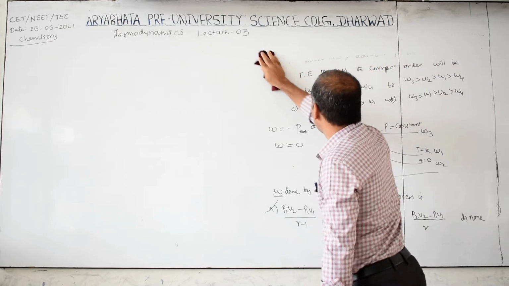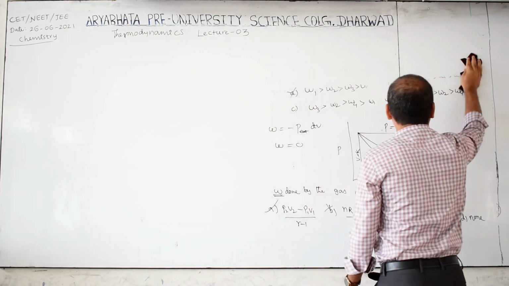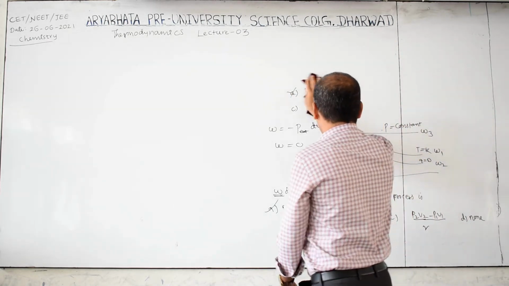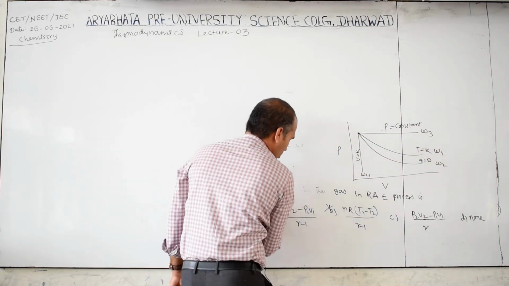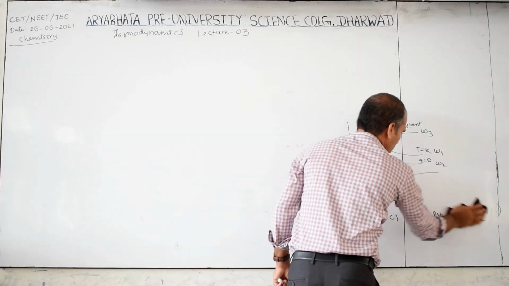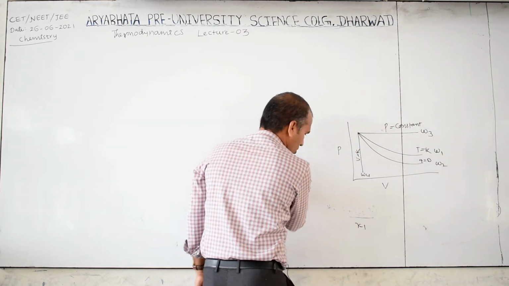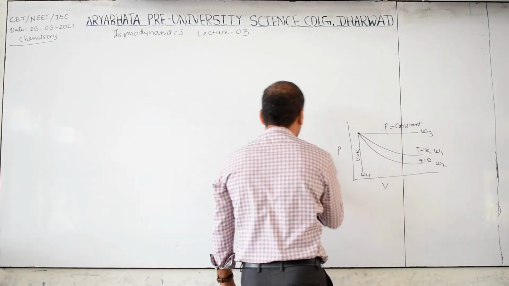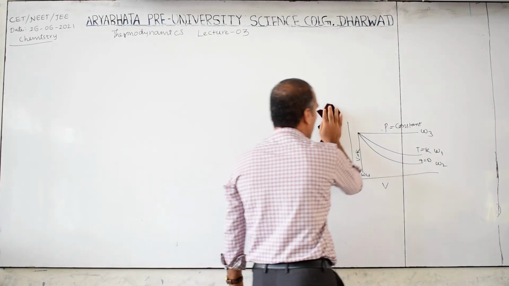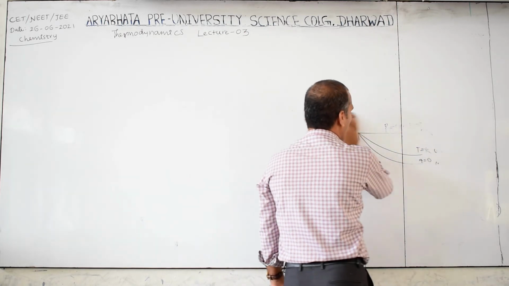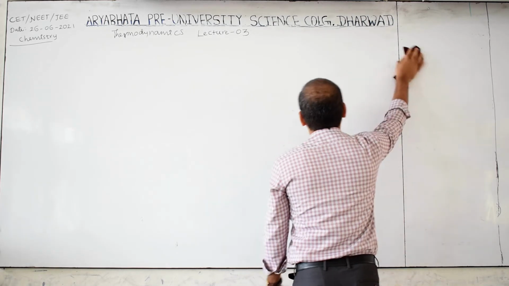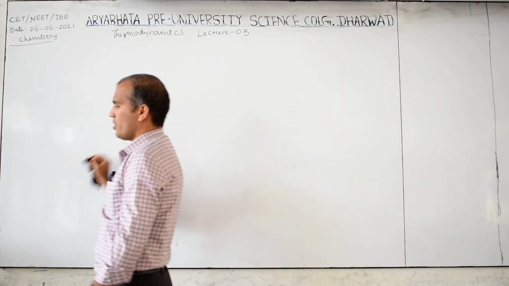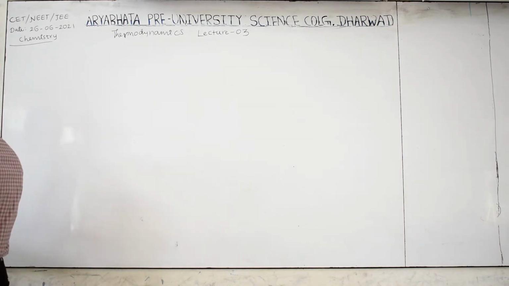If you do not understand the question, read it again. If you understand, read all 4 options, then only answer. If you solve directly without reading the options, you may keep solving till the end, but the answer may be present in the middle only. So read the options first, then answer.